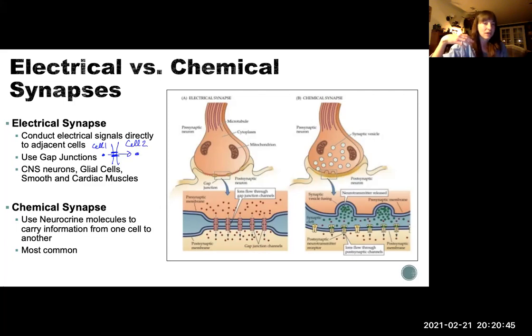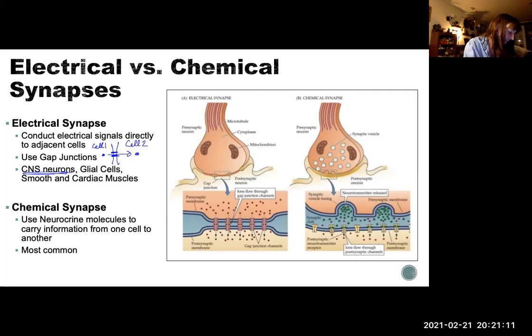So these signals can go very, very fast, which is important for the central nervous system. This is used a lot for actual thinking, like memory. Your cardiac muscle uses this because the signal needs to be very, very fast and very strong, and in the case of cardiac muscle in particular, very consistent, right?